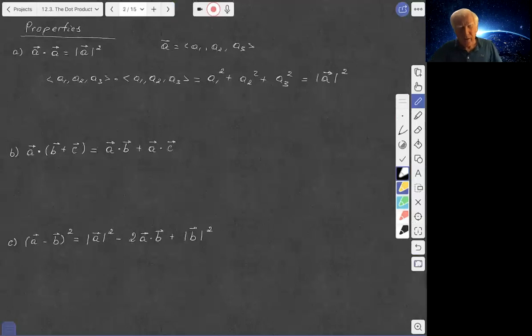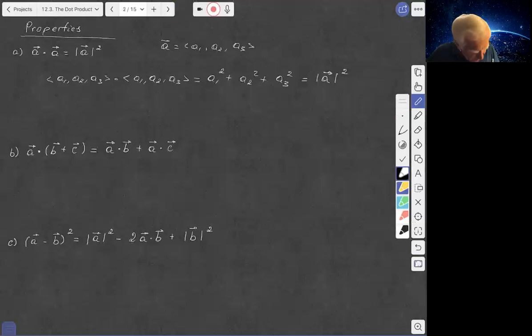The second property that's important for us is the so-called distributive property. If you're taking the dot product of A with B plus C, then you can multiply A with B and then add the product of A and C. Let's show that this is also true. We're going to work with components of each vector.